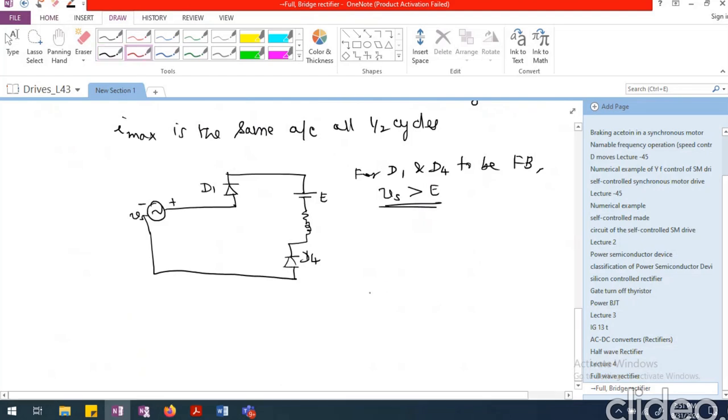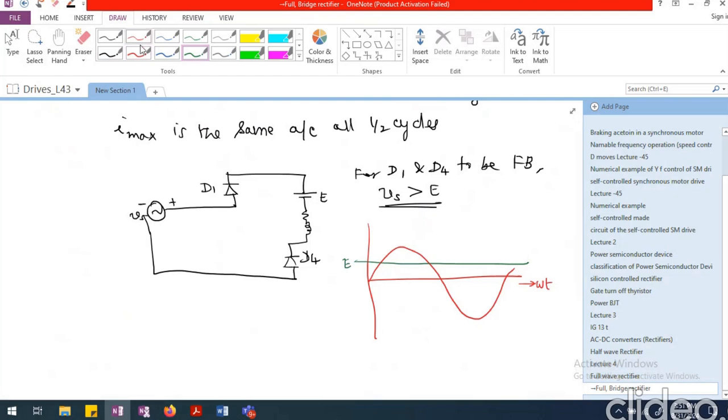So if this is my sinusoidal source and I'm going to have my voltage source somewhere here, this is going to be E and this is Vs. Then until this point, both D1 and D4 will not start conducting. Only after that, the current will slowly start.